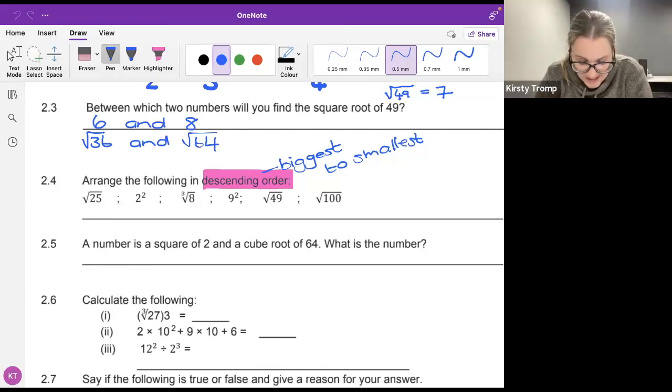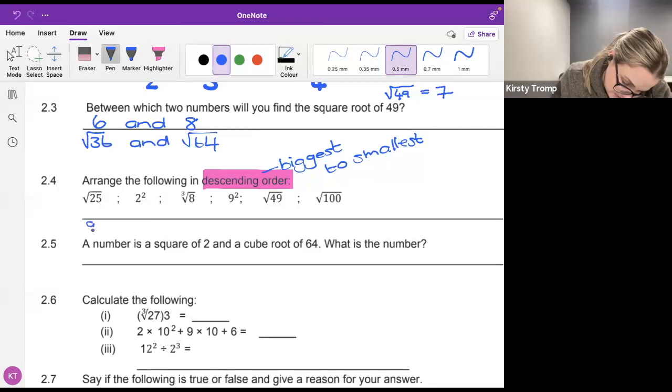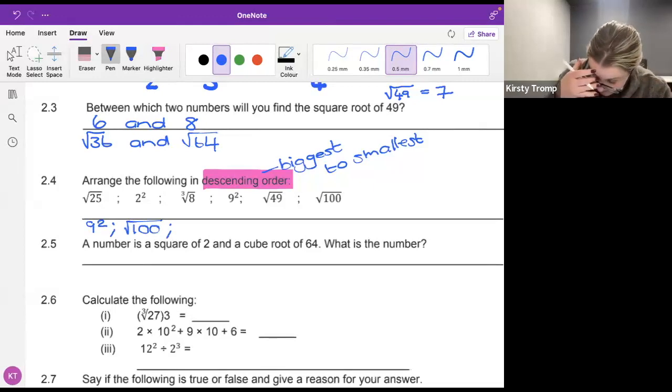Ma'am, I think I know the answer. Okay, great. Talk to me. What are we going to do? So we're going to start with 9 squared. Fantastic. Cool. And then we're going to go to the square root of 100. Fantastic. And then the square root of 49.